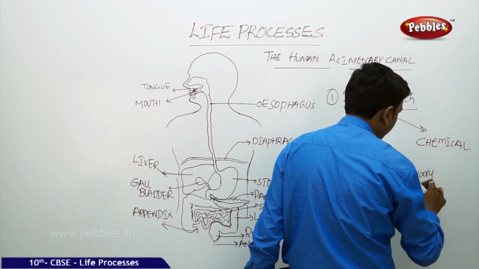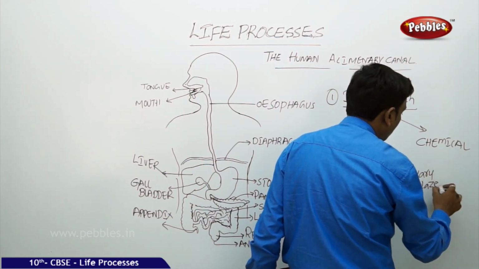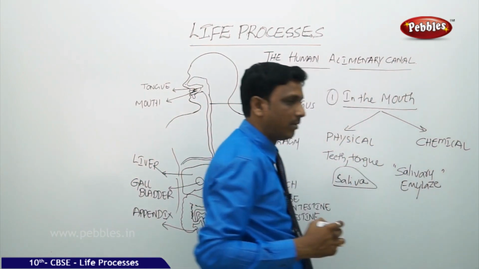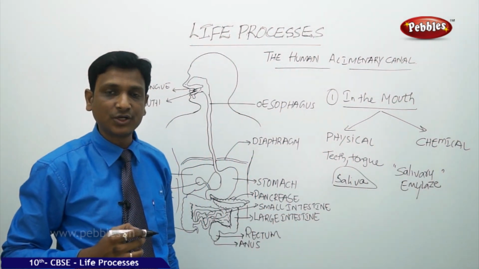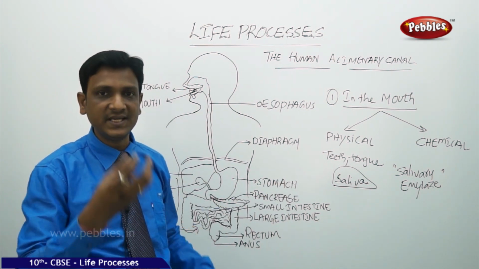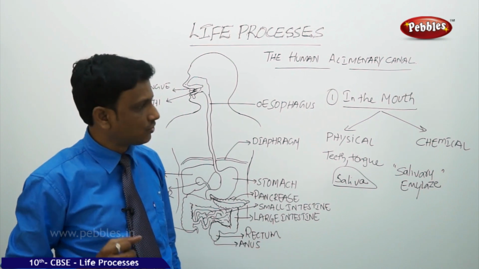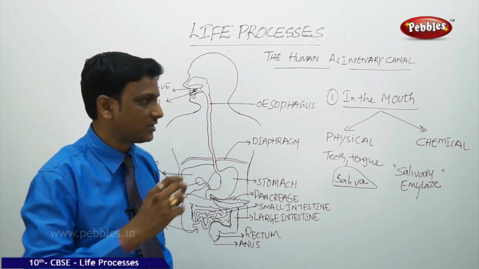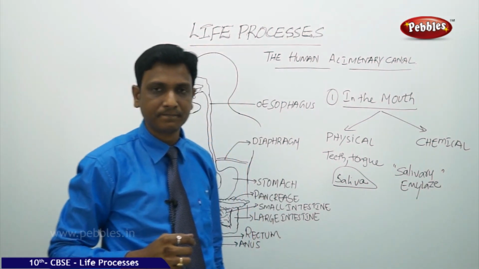This is a chemical compound, an enzyme, which acts on certain nutrients like carbohydrates that we eat in our food. So partially, a bit of digestion takes place in the mouth itself.